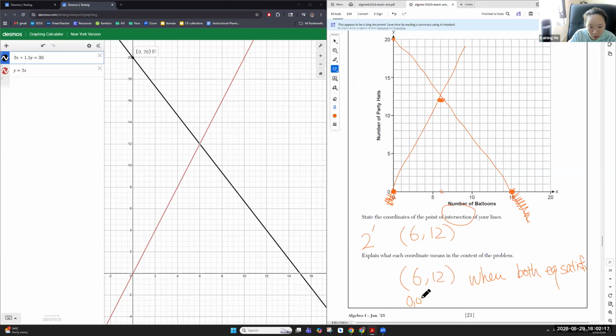And then 0 comma 0 is the x and also y intercept of the second equation, the amounts relationship. And then we can also mention 15 comma 0 is when you have 15 balloons and 0 party hats, you still fit the budget.